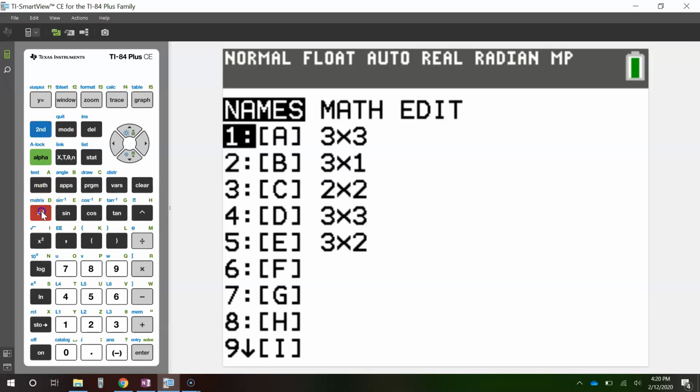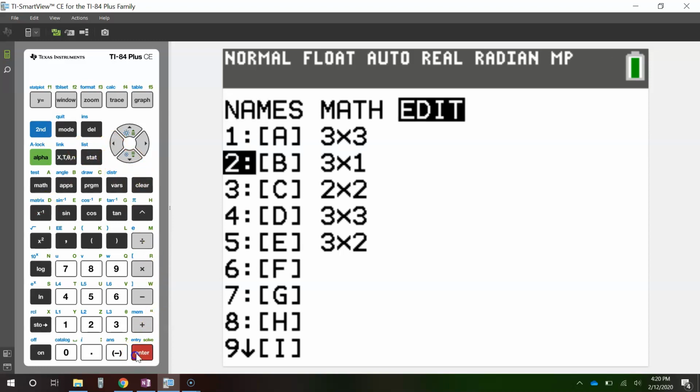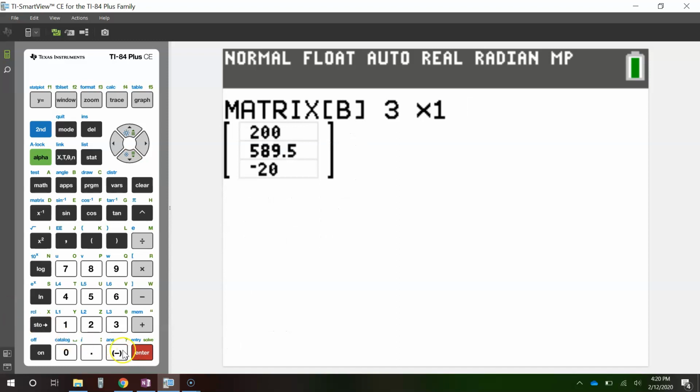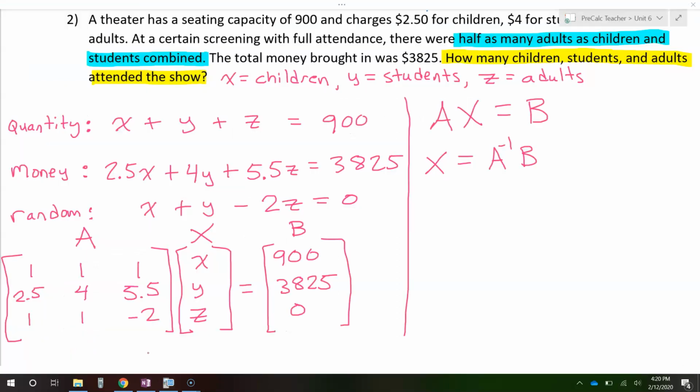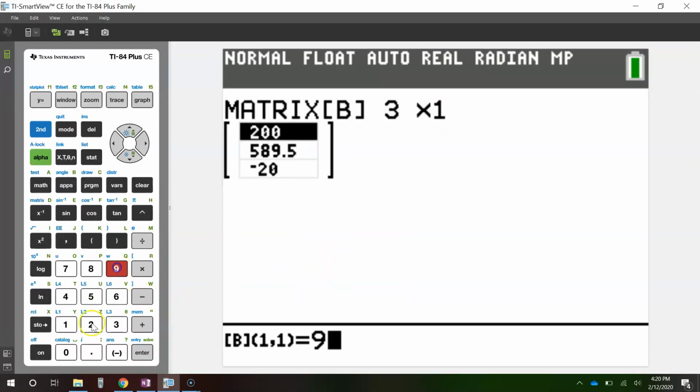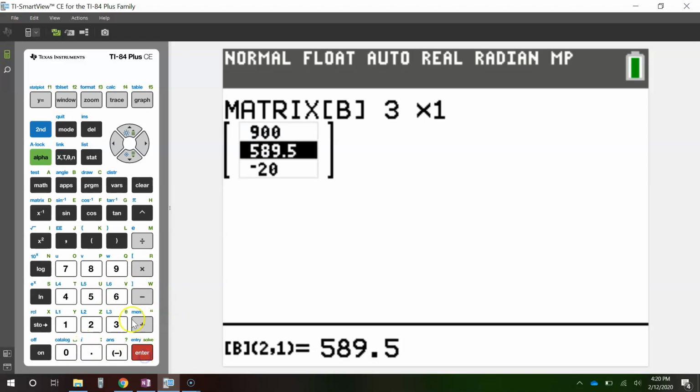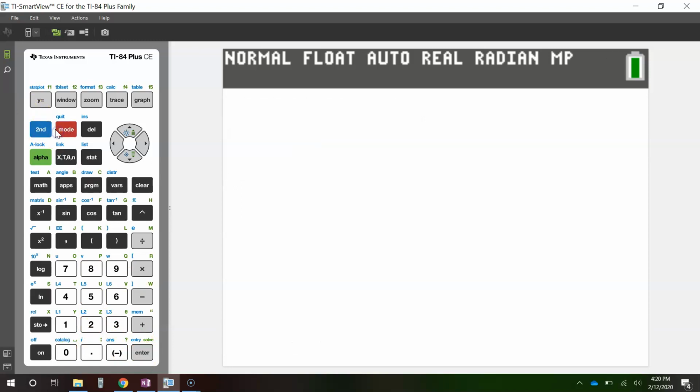And now let's enter matrix B. Make sure it's a 3 by 1 matrix. 900, 3,825, and 0. Quit your way out.